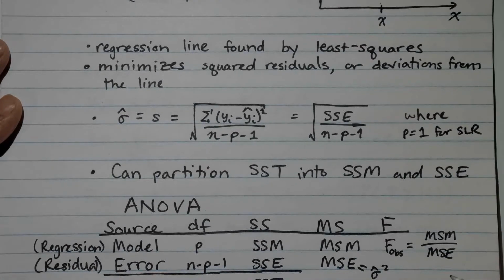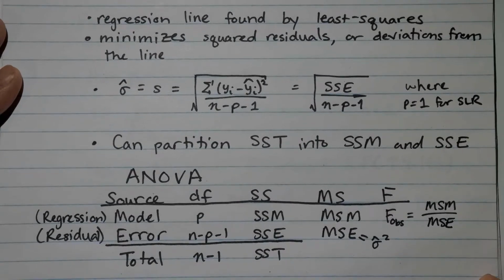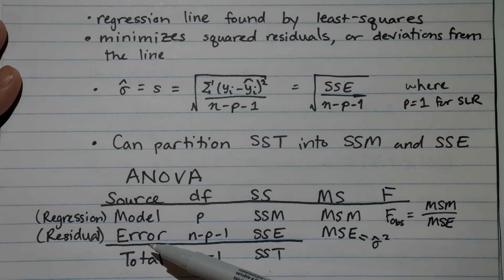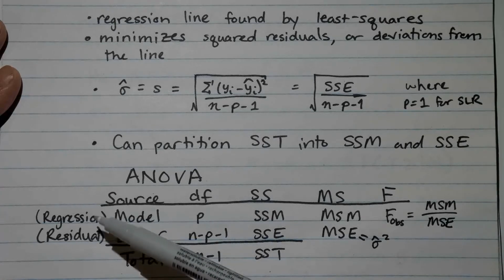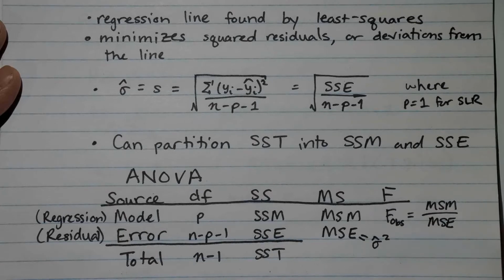And we can also look at the sum of squares total and then decompose, or partition, it into a sum of squares due to our regression model and sum of squares error. Depending on the software you use, sometimes it will say model and error, sometimes regression and residual, or regression and error, and so forth.